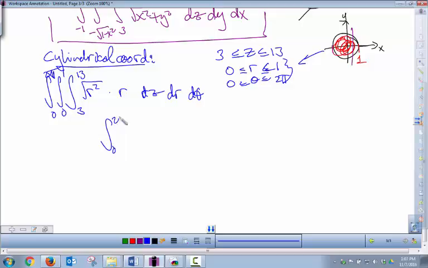Let's just do it. Because it's constant limits, and because the integrand is something that can be factored, taken out, or whatever, you can really just split it up into 3 different subintegrals. And the hardest one is integrating r squared.